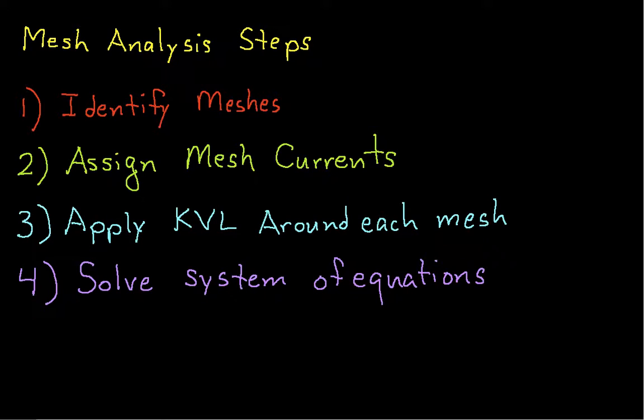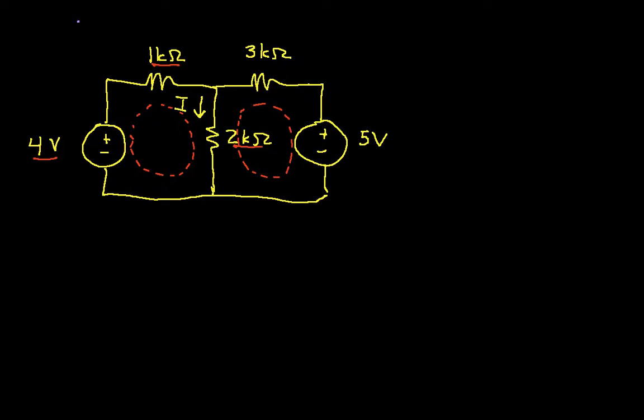The next step is to assign mesh currents. And the idea here is we will assign currents that flow around each mesh. In some cases, these are not the actual currents flowing through the components, but they're part of the current that flows through a component. So if we go back to our circuit, we'll assign 2 mesh currents.